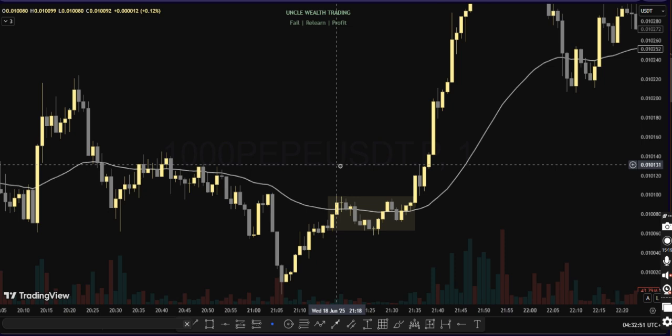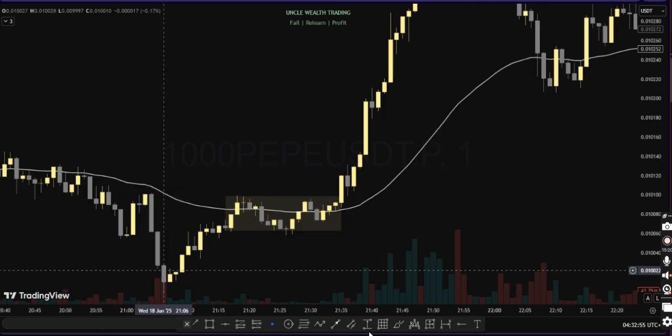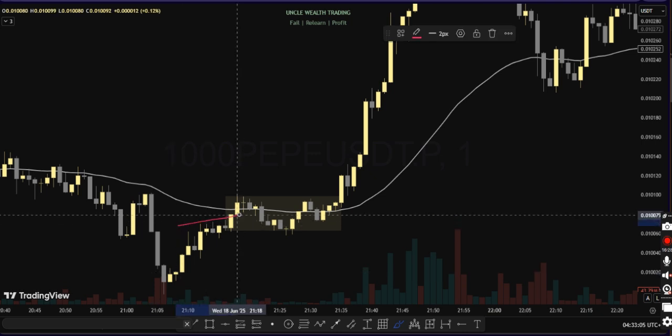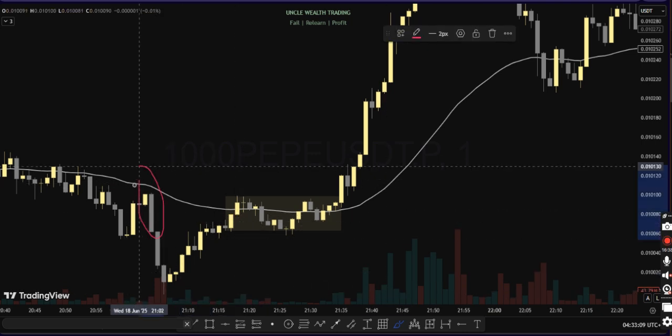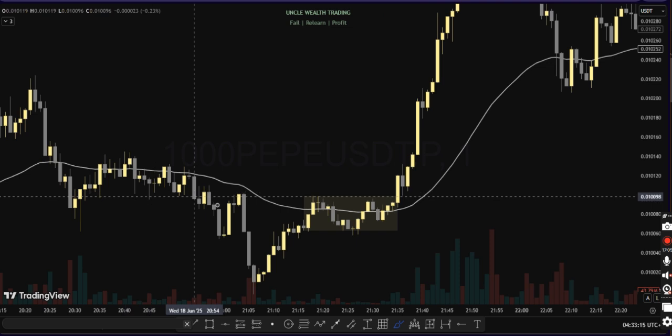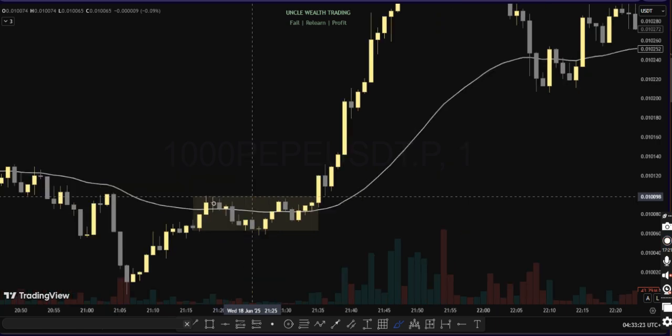So look at this region over here. You can see what price did. Because this was an impulsive move, you could see that the EMA 50 pulled away from the top of the candlestick, because it was a downtrend.